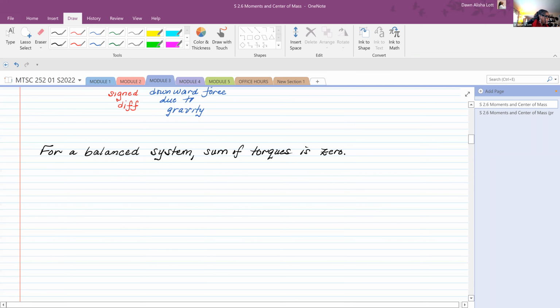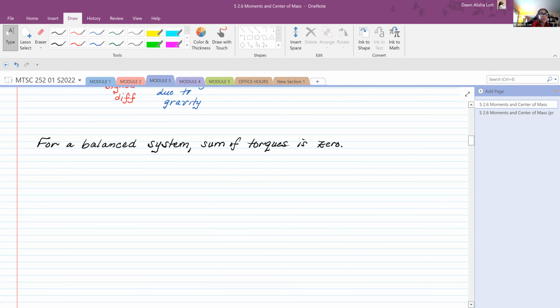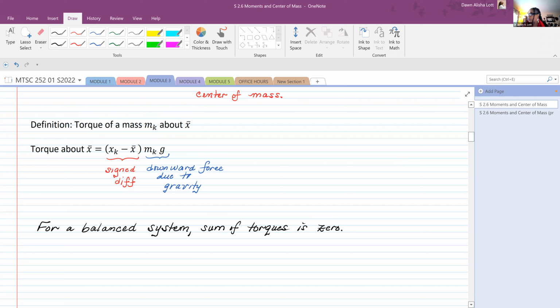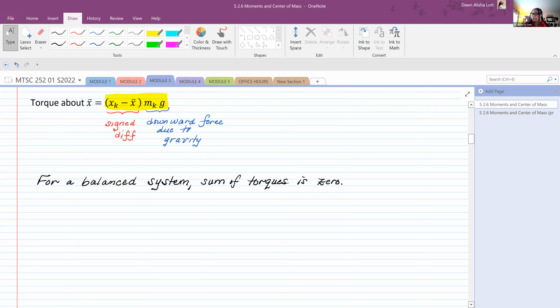Okay, so let's compute that. What I have here happens to be the torque of one mass mk about X bar. Now we're going to sum them up.